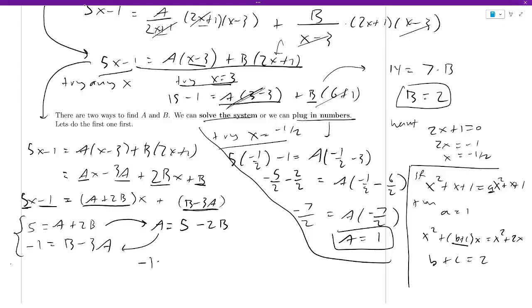So I have -1 equals b minus 3a. So I just plug in what I got for a, 5 minus 2b. So I get b minus 15, and then plus 6b. And if I combine the terms, I have 7b minus 15.